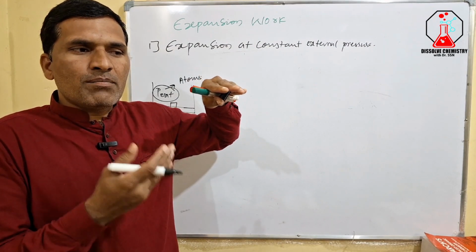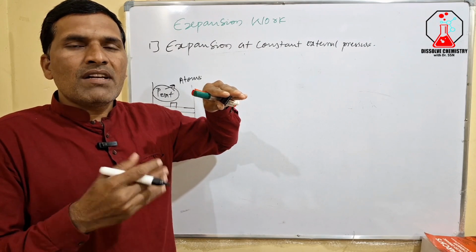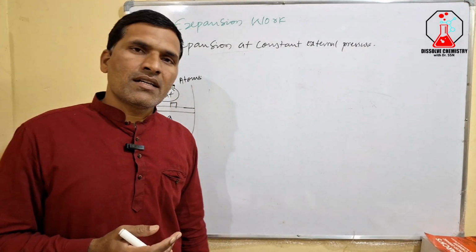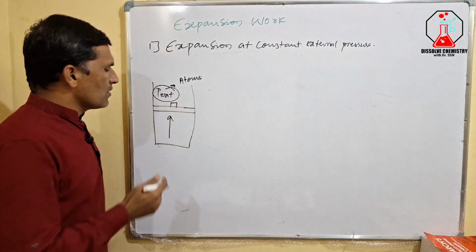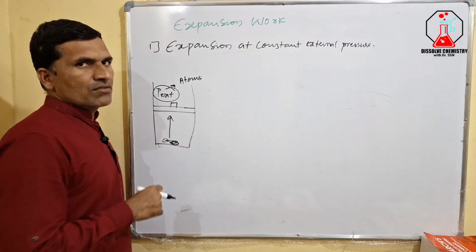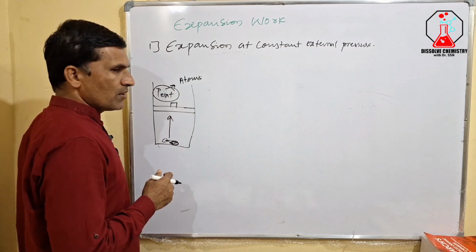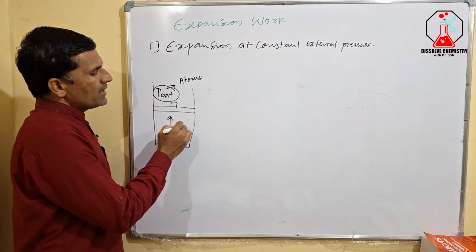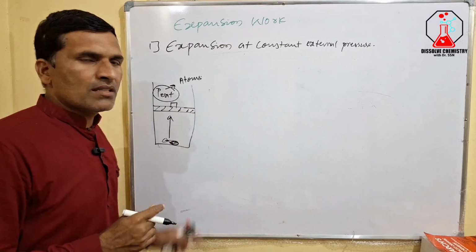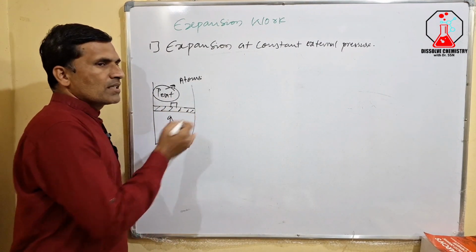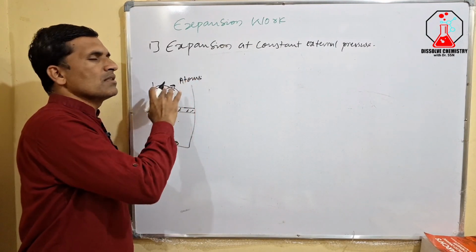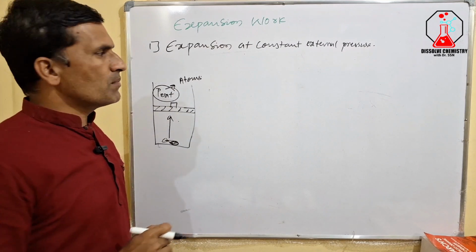So as the internal pressure develops, that will act as the driving force to lift this piston against a constant pressure. Say, for example, you are doing some chemical reaction, as previously we have seen in the case of calcium carbonate decomposition. Similarly, any gas evolved in this is capable of doing work, because it leads to an increase in the pressure of the system, and it will drive this piston up against an external constant pressure.